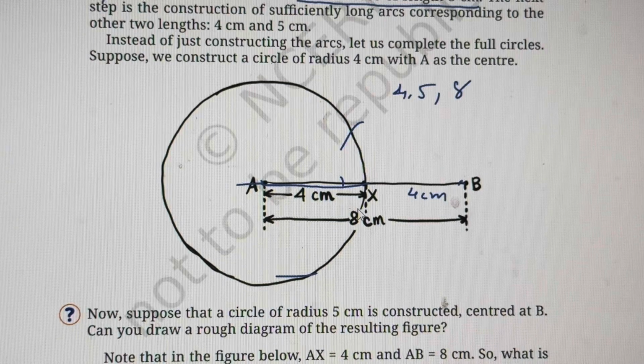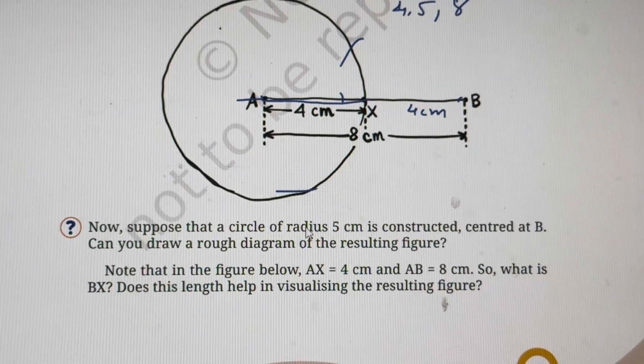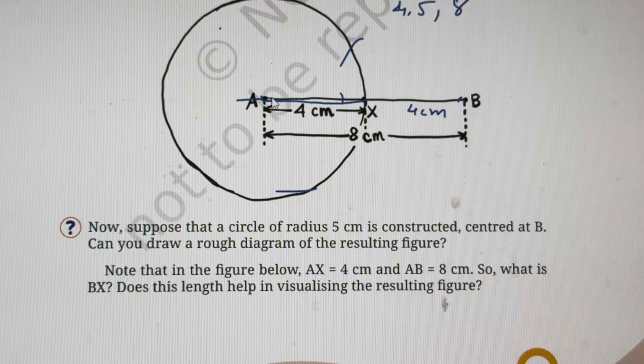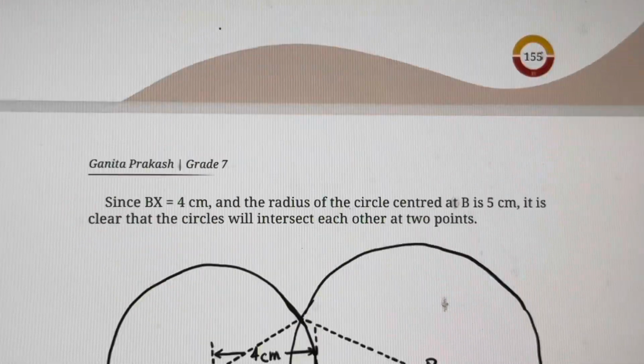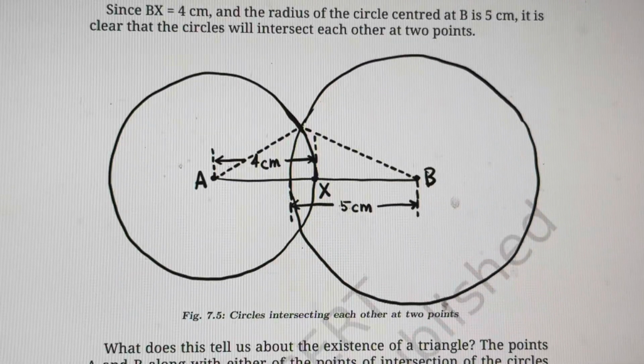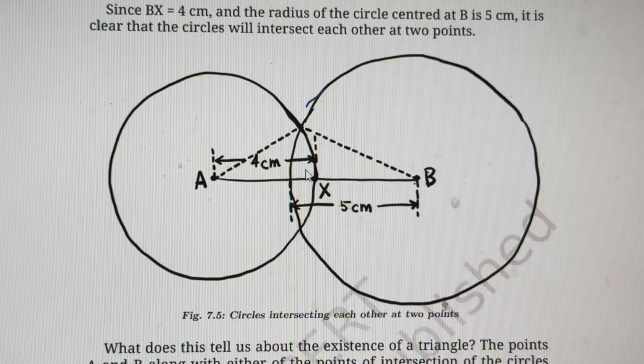So I'll show you the next picture. Note the figure below. Here AX is 4 and AB is 8. So what will be BX? BX will also be 4. So we can visualize the resulting figure. Now see here. Since BX is 4, and if we take the radius as 5, it will naturally go after this line.